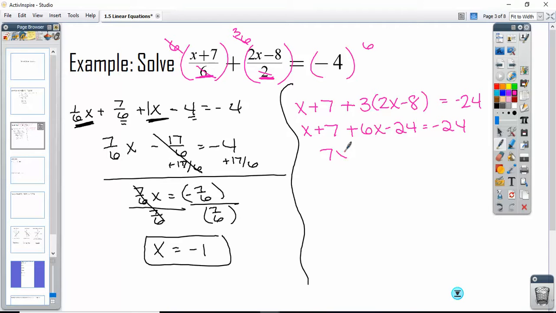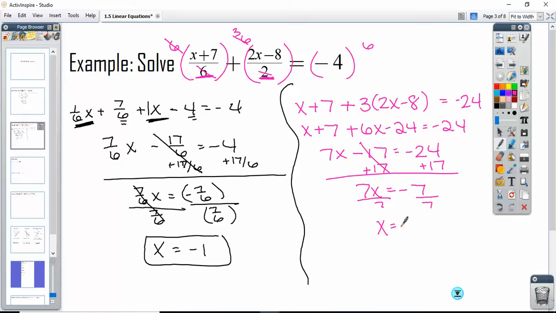Combine like terms. And I get the same answer. So whichever way you prefer is fine.